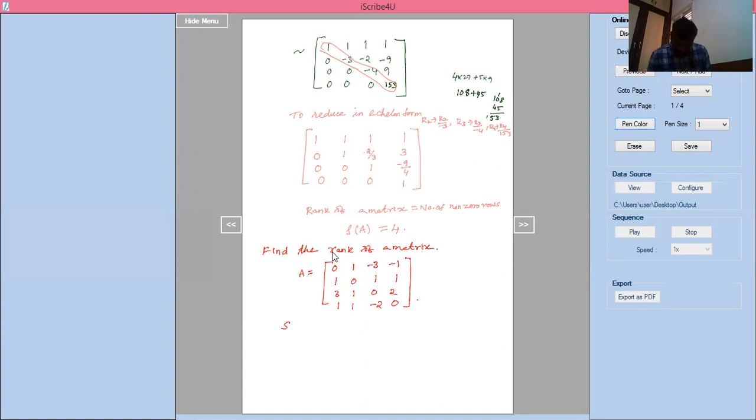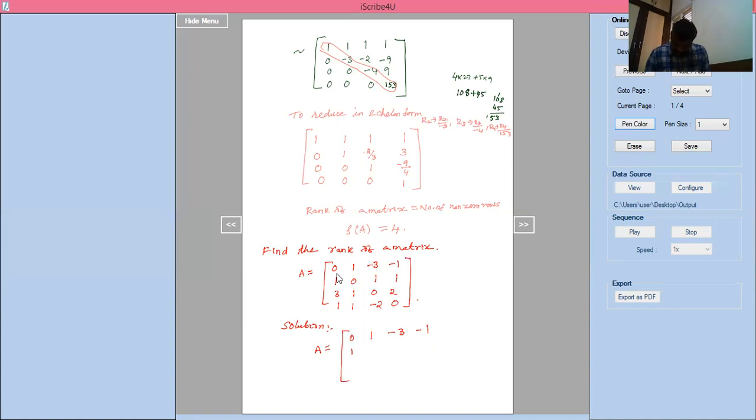So how do you find the rank of a matrix? First I'll write the given matrix A equal to. Here, one thing you should remember, the first element is only 0. First I'll write the matrix, then we will discuss. 0, 1, minus 3, minus 1.